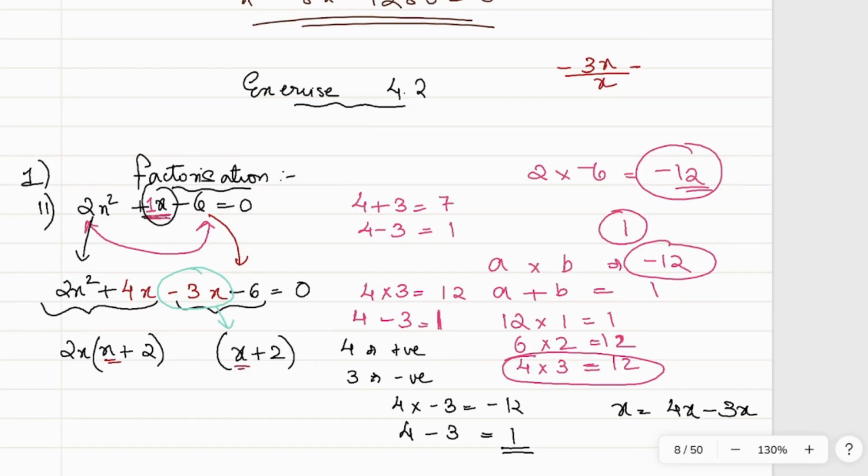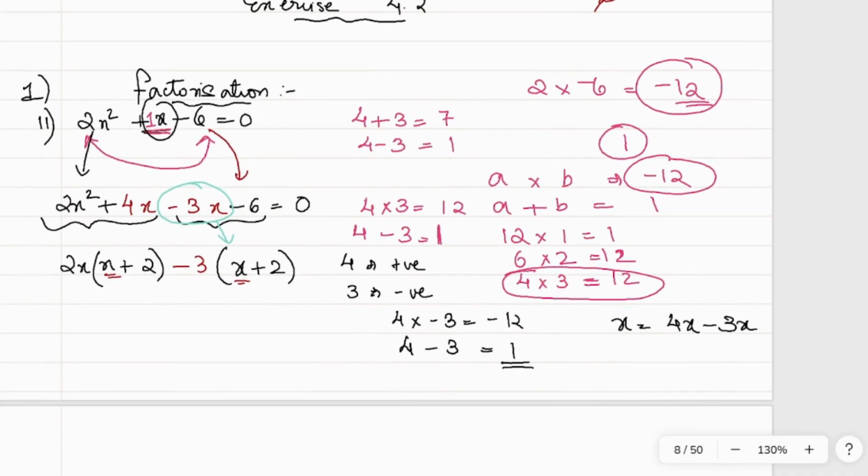The x will get cancelled, so you will get minus 3. That minus 3 is the number you should insert in this part. So you can write it as 2x minus 3 into x plus 2.